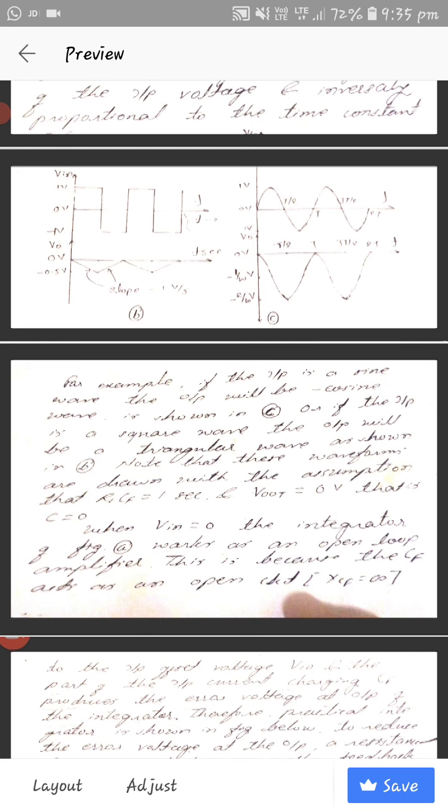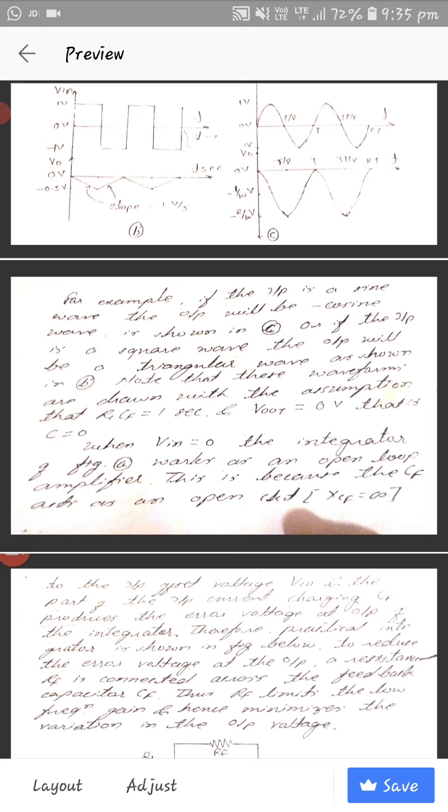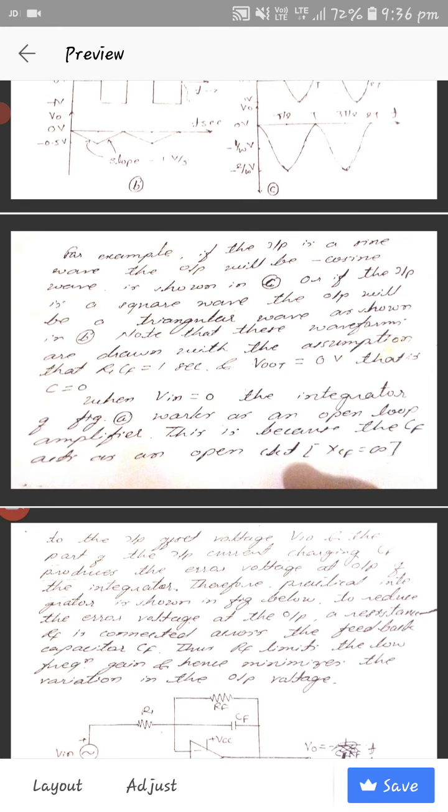For example, if the input is a sine wave, the output will be a minus cosine wave. Minus cosine wave means 180 degrees out of phase. Or if the input is a square wave, the output will be a triangular waveform, as shown in figure B.